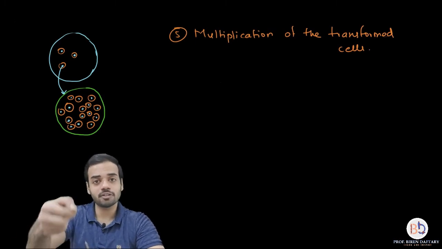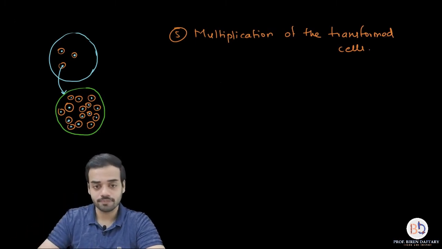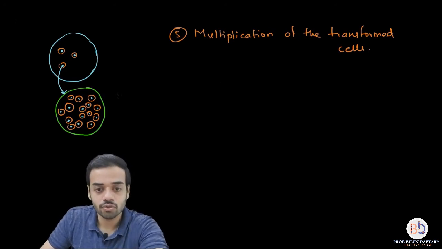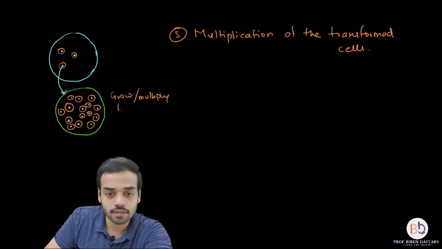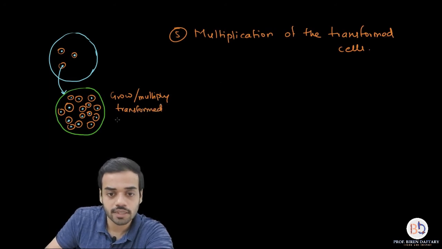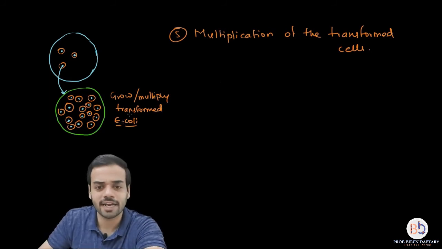So you pick transformed bacteria, put it into a new plate, and you grow or multiply the transformed E. coli or any bacteria that you are using. If you are using agrobacterium, then agrobacterium.